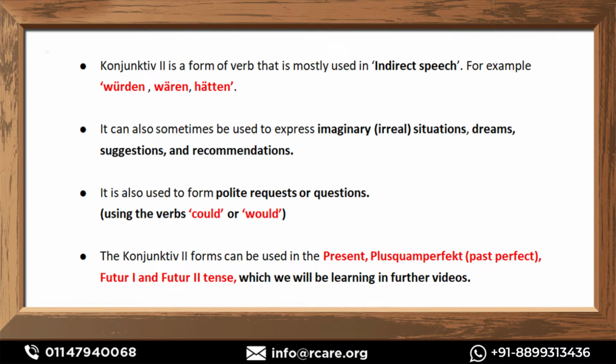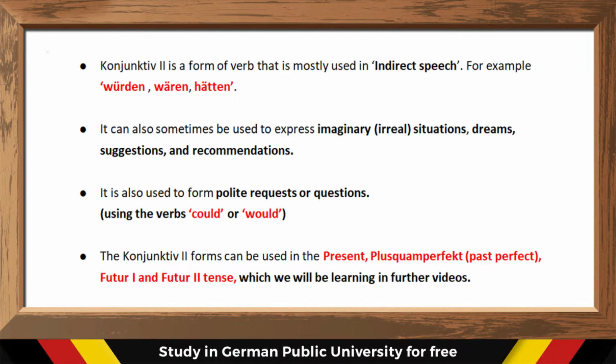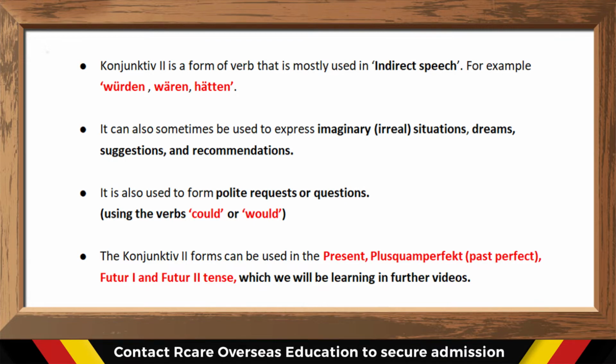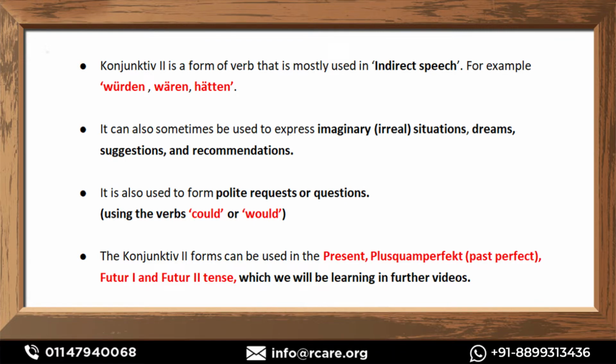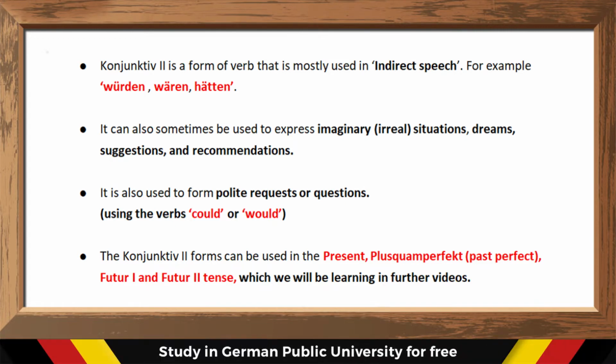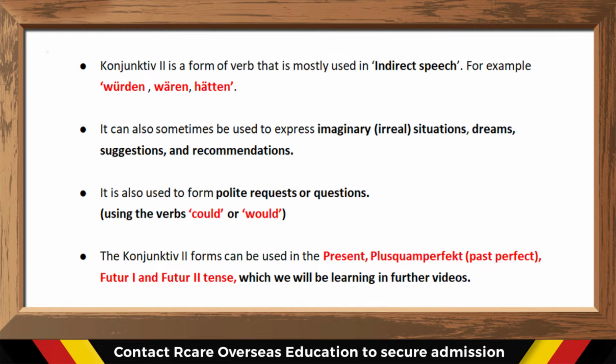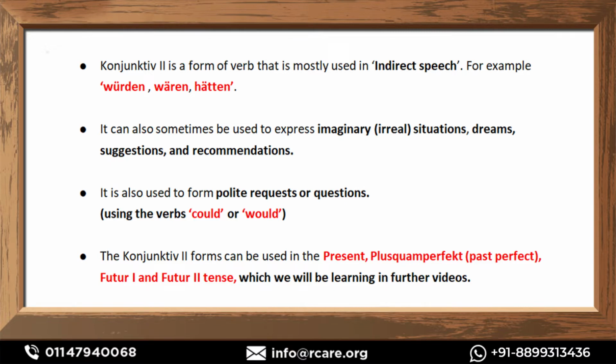Whenever we have to express an imaginary situation or an irreal situation, or our dreams, suggestions, maybe recommendations, in that case we use Konjunktiv II. It is also used to form polite requests or questions, like the way we speak in English.